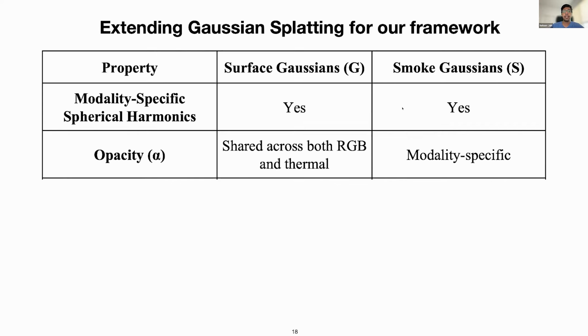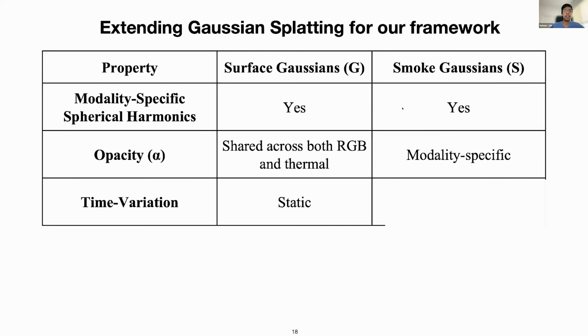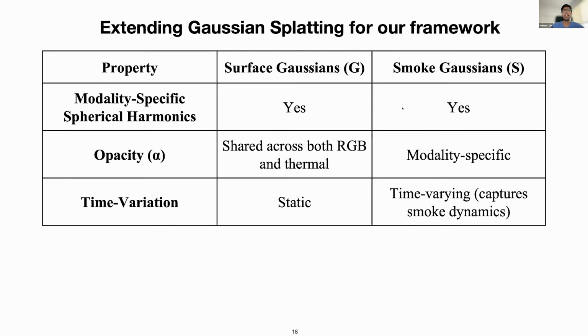But since the scattering properties of smoke across RGB and thermal are so different, we need two sets of transparency values for the smoke part of the scene. For the surface, we can share it. Also, we assume that the surface is static, but that the smoke is moving with respect to time. So we have some time varying properties for the smoke Gaussians.